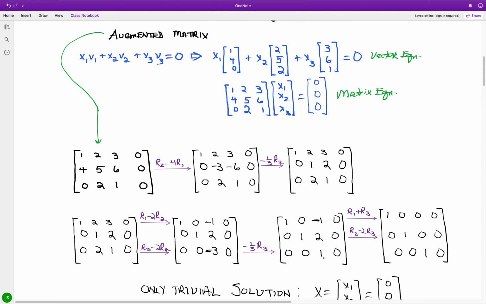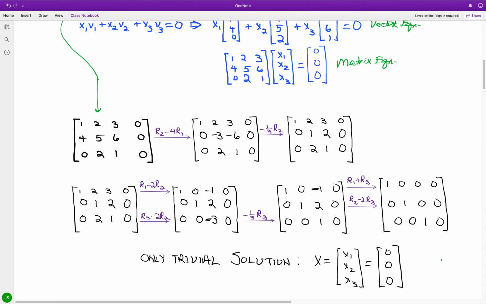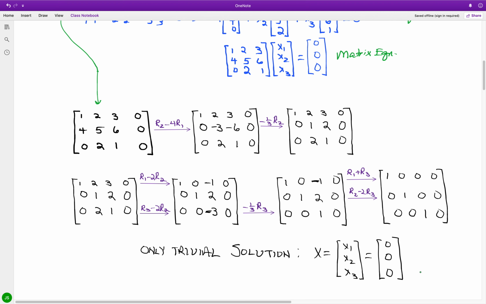So I have 0, 0, 1, 0, and finally, performing the necessary operations to get to the reduced echelon form, it turns out that x1, x2, and x3 will all be 0. So this particular system is linearly independent, since there is only the trivial solution where x1 equals x2 equals x3 equals 0.